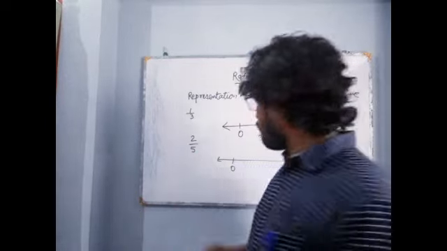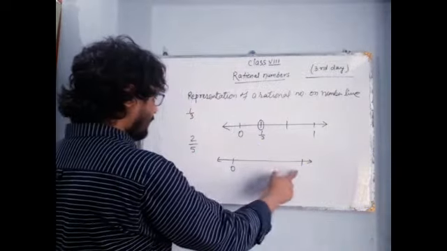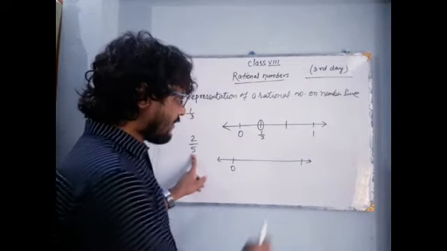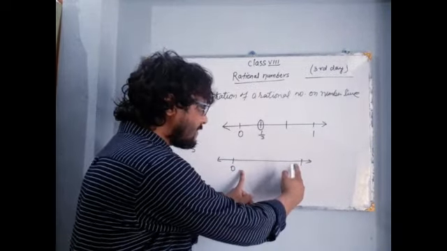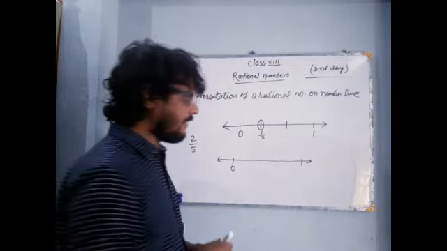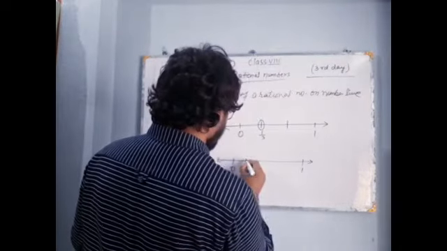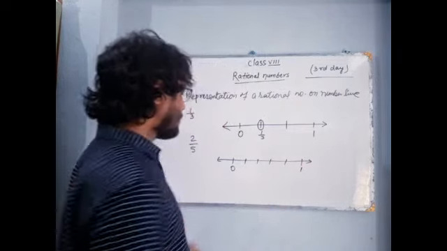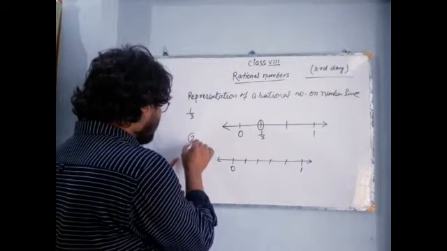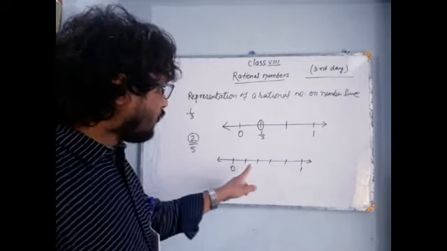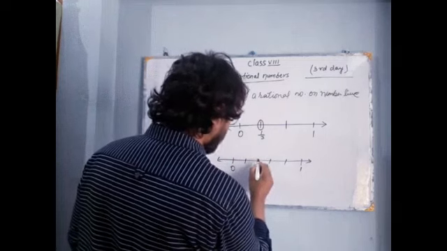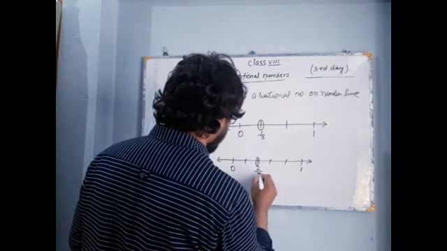So we wrote 0 and 1, and 5 is the denominator, so we divide this space into 5 equal parts. 1, 2, 3, 4, 5 equal parts, and there is 2 as numerator. Then we take 2 spaces, 1 space, 2 spaces. This point shows 2 by 5.